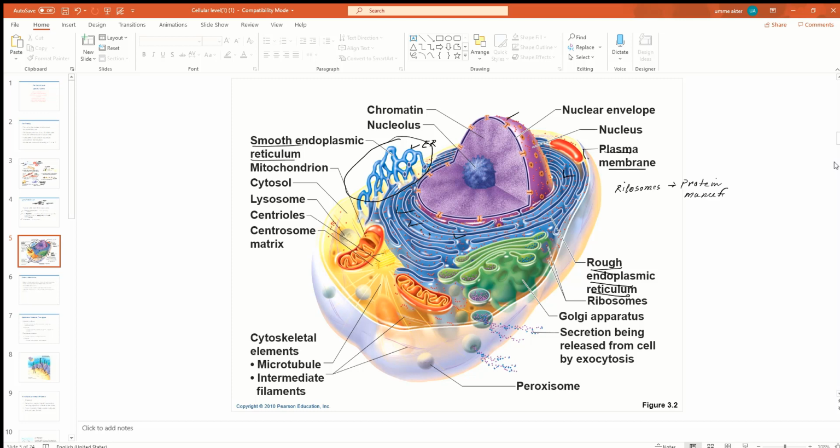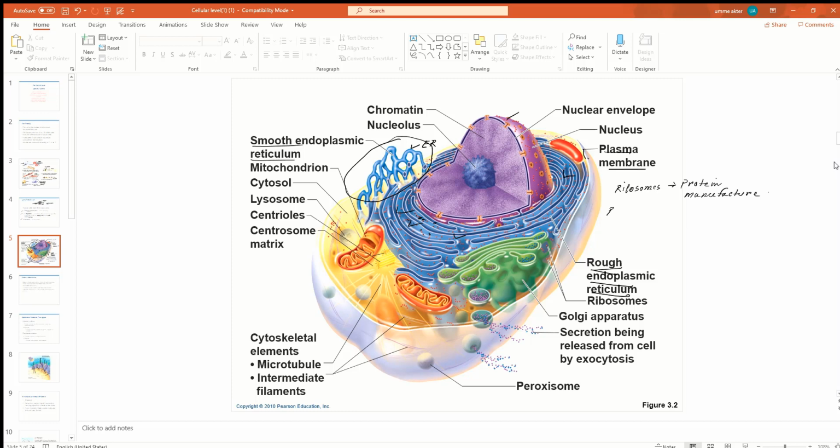Protein manufacture, synthesis of protein. Okay, and then what happens? The protein molecules enter into the rough ER because ribosomes are just attached on the outer surface of the rough ER. So after the protein molecules are manufactured, they will enter into the rough ER.